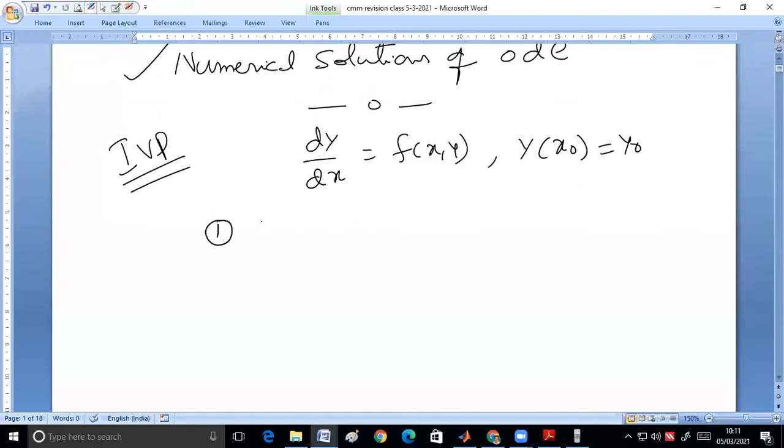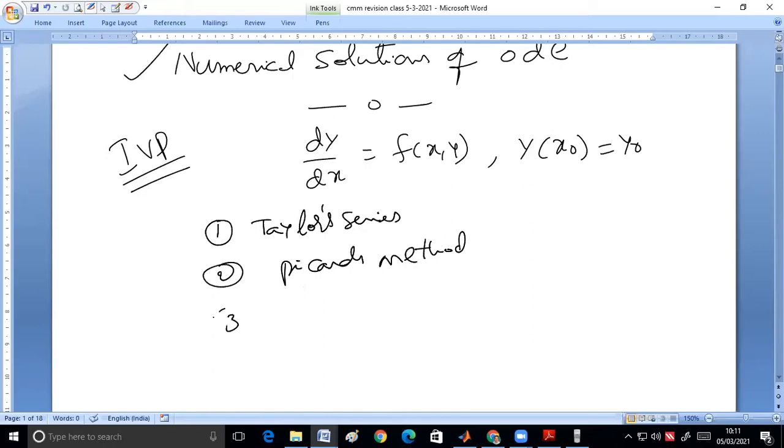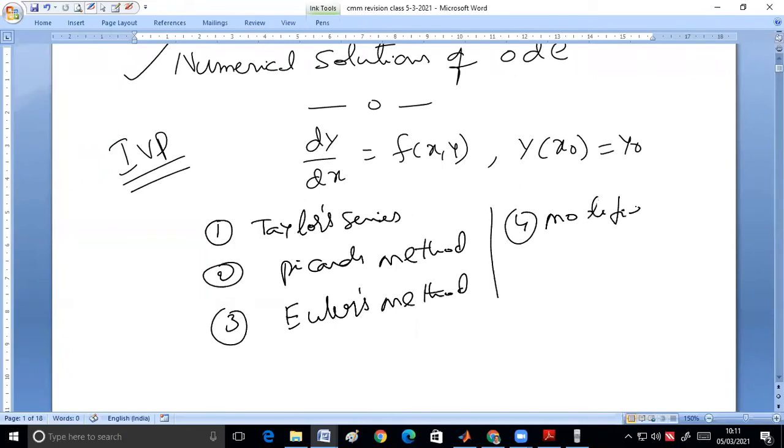One is the Taylor series method, second is Picard's method, third is Euler's method, fourth is the modified Euler's method, and fifth is the RK method, the Runge-Kutta method.